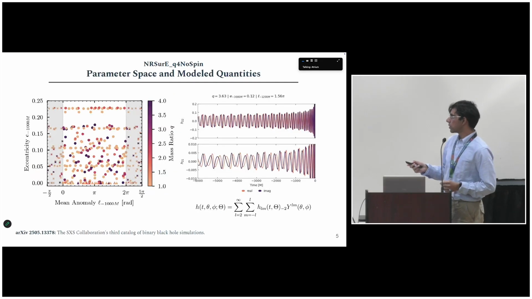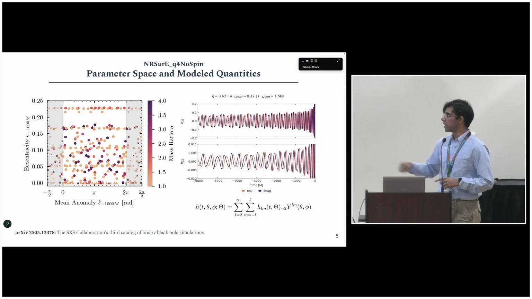Yeah, so we expect any quantity that we model against the mean anomaly to be periodic in the mean anomaly, which means that it should give the same result at 0 and 2 pi. But given that we don't have simulations exactly at 0 and 2 pi, there is no way for the model to learn this periodicity. The way we force the model to learn this periodicity is by artificially augmenting data beyond these boundaries, which is using the data within the boundaries and copying them over beyond the boundaries in some way, which is different for the remnant parameters and the waveforms.